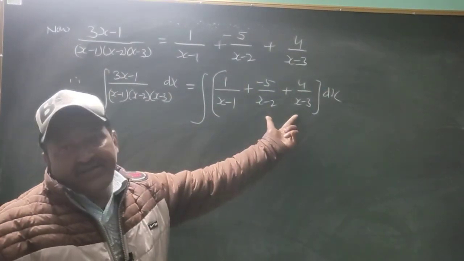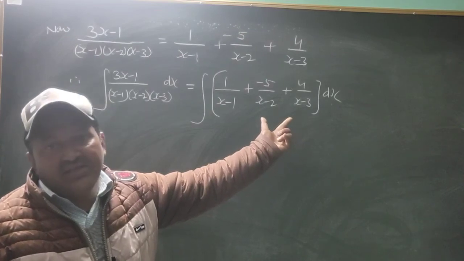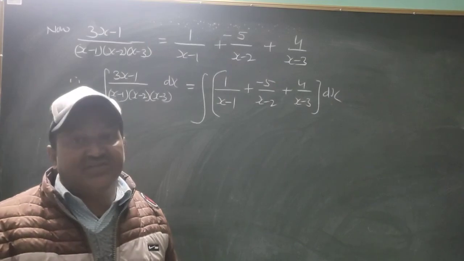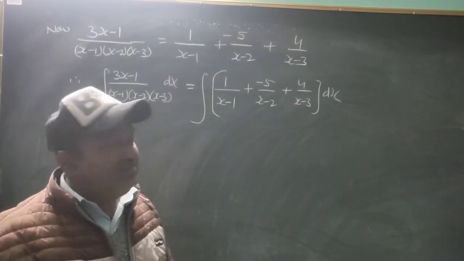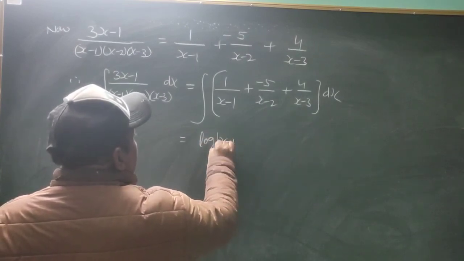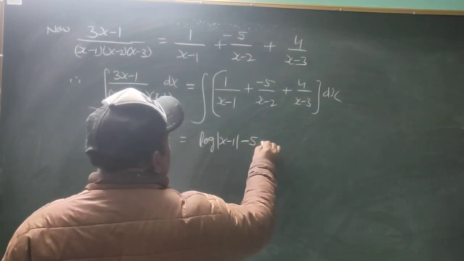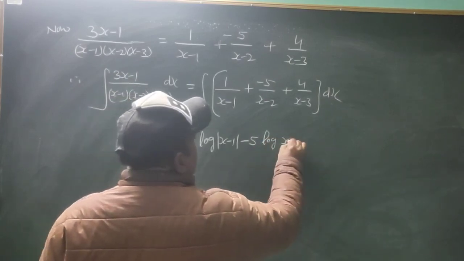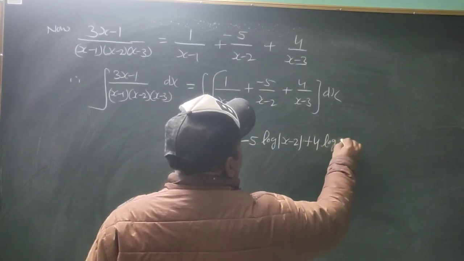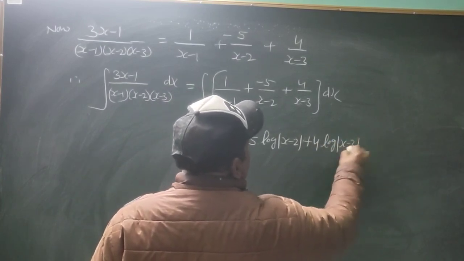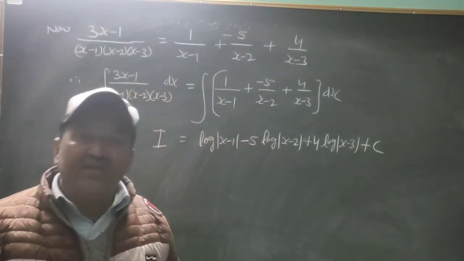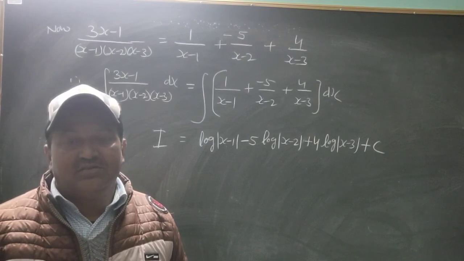We can integrate the right hand side very easily and find the integration of these questions by the first type of partial fractions. That is equal to log of modulus x minus 1, minus 5 outside, log of modulus x minus 2, plus 4 outside, log of modulus x minus 3, plus constant of integration C. This is the integration of these questions. That's all.